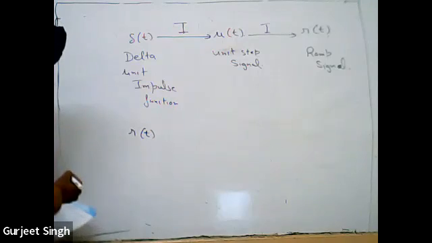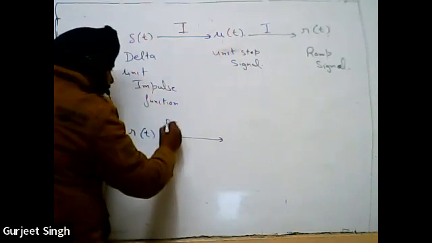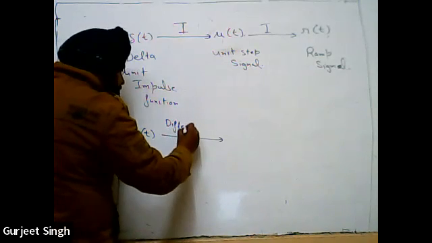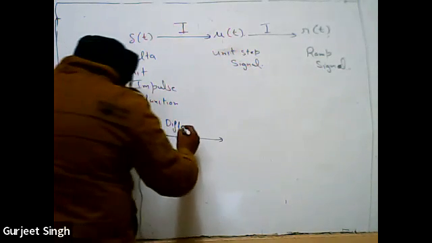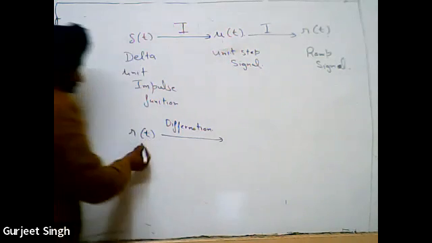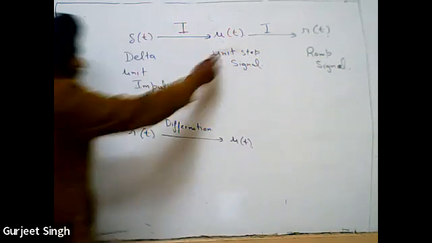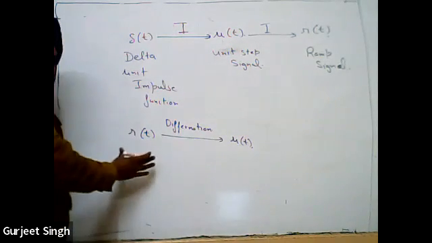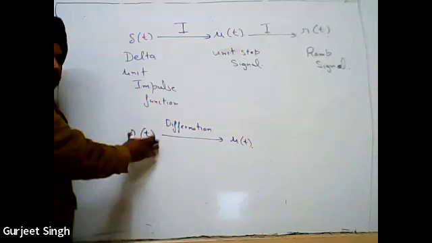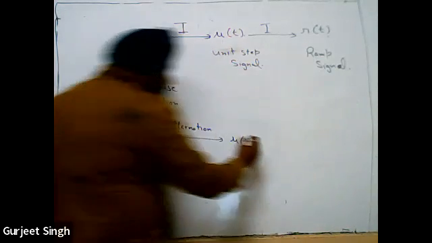If I do the differentiation of this RT, then we will get the UT, the unit step signal. When I differentiate this RT, I am differentiating the ramp signal, and I am getting the unit step signal.